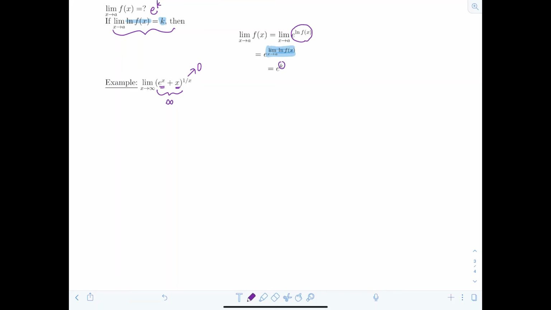So what am I going to do? Well, I'm going to find the limit of the natural log of the function. So I'm going to consider the limit as x approaches infinity of the natural log of (e to the x plus x) raised to the 1 over x.